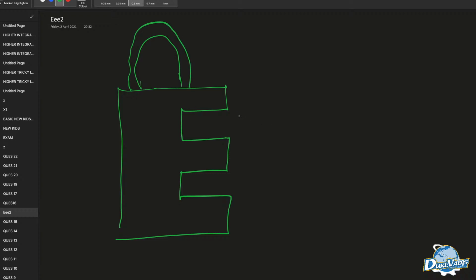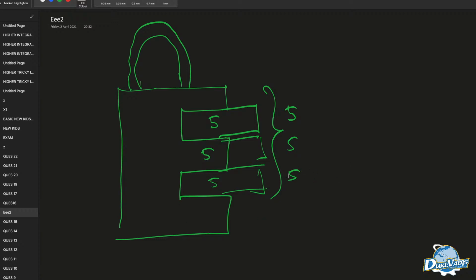The possibility is this: we'll be given this one as 5, this one also pops out to be 5, and the one here is also 5. So this one can be 5, 5, or 5, because in a nutshell the total outcome is 5. So 1, 2, 3, 4, 5 are all possibilities.